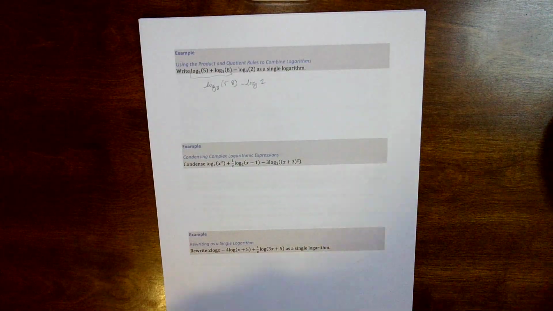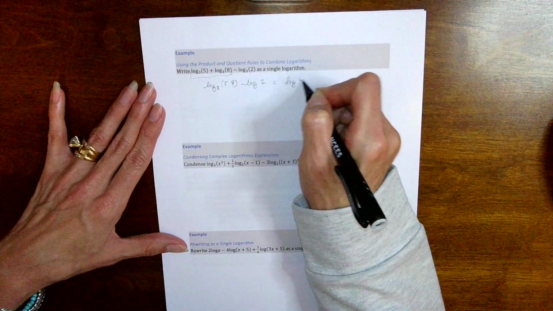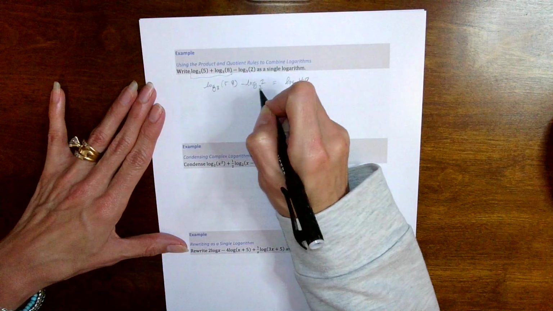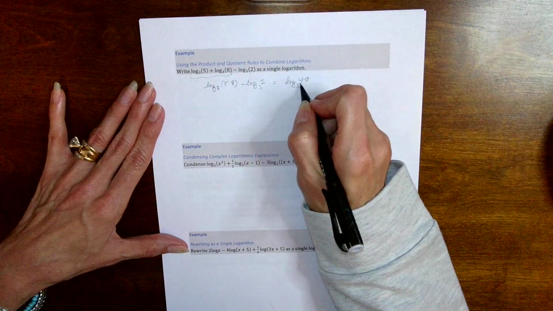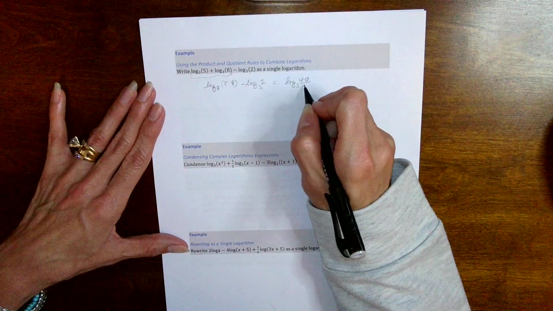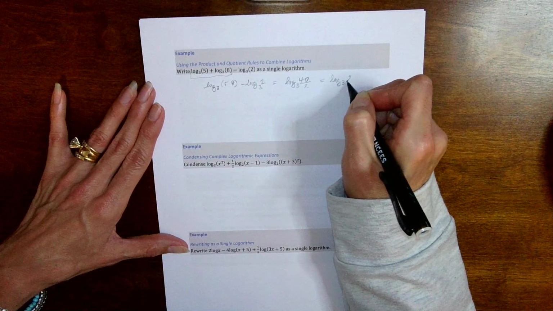And then this is log base 3, or missing my bases, log base 3 of 40. This is minus, right? So this would be divided by 2. So this is log base 3 of 20.